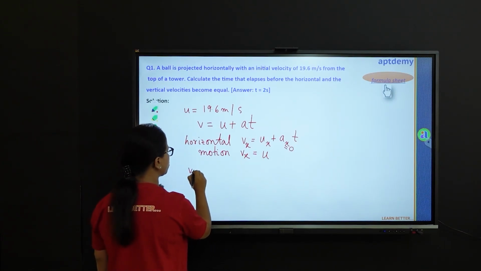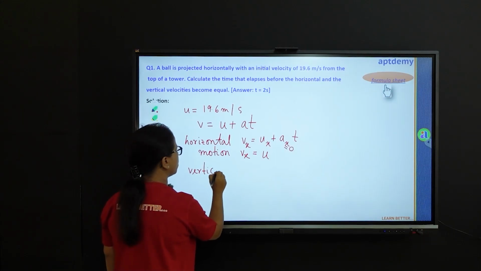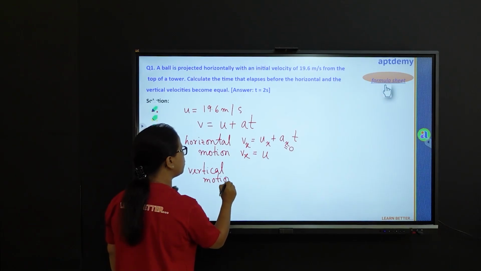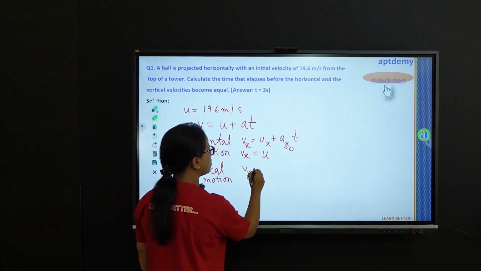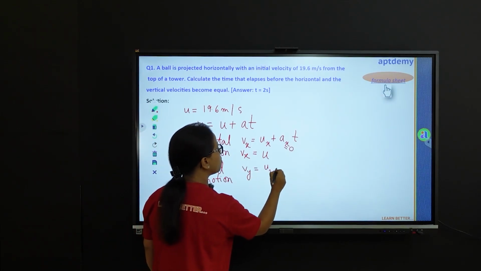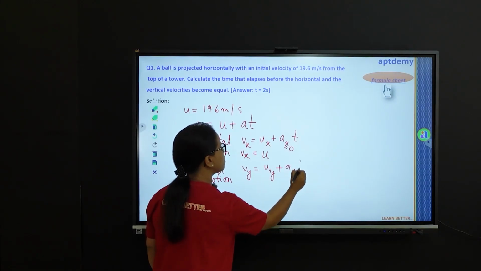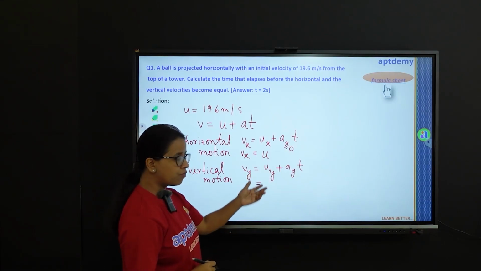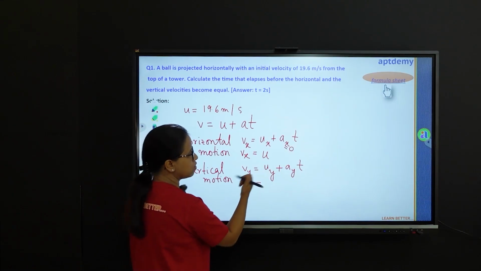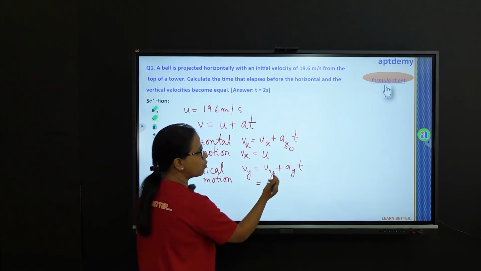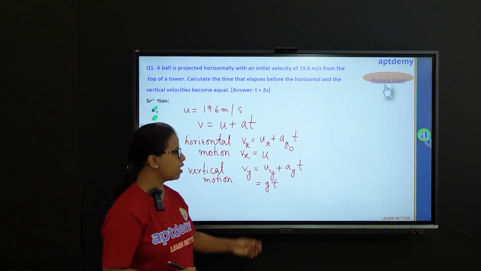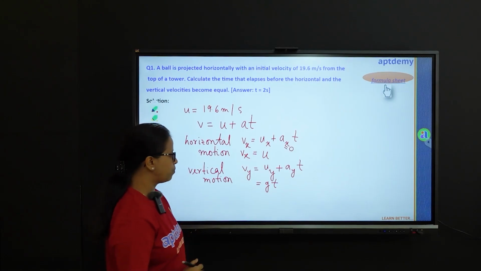Now for vertical motion, V becomes equal to Vy. Vy is equal to uy plus ay times t. Now there is no component of velocity in the vertical direction initially, so this uy is 0 and we are left only with gt, since ay for downward direction is equal to g.